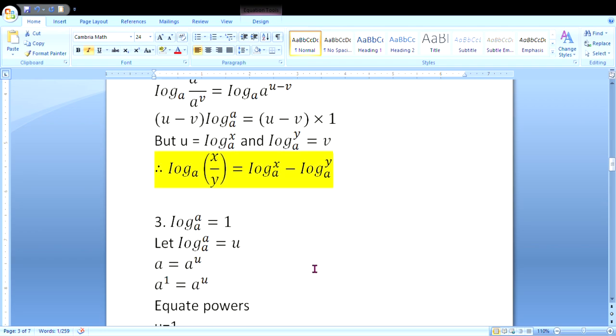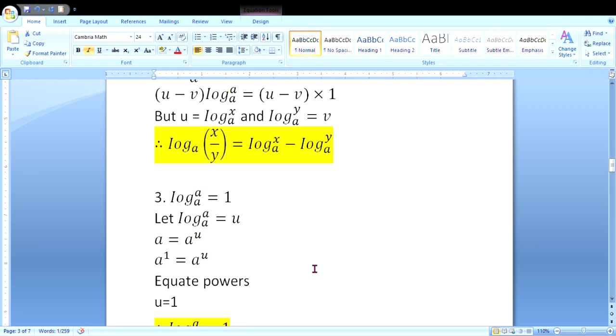Okay, let's move on. Let's show that log a to base a is equal to 1. We'll say let, or suppose, that log a to base a is equal to u. From definition, we can say that a is equal to a raised to the power of u.